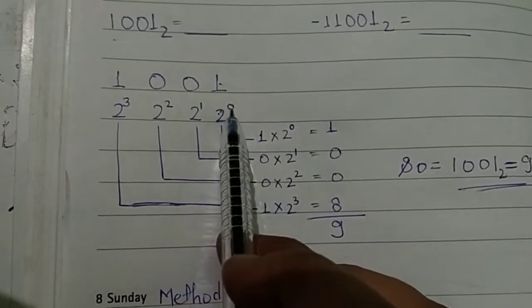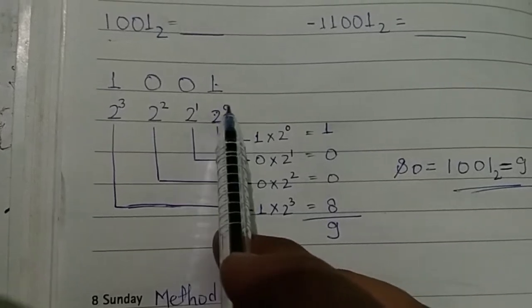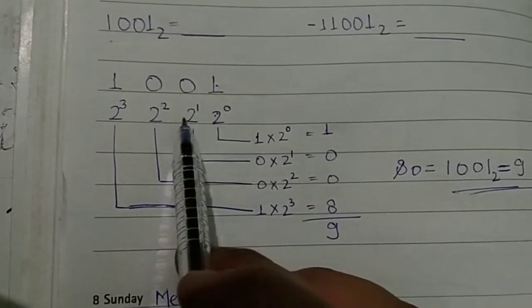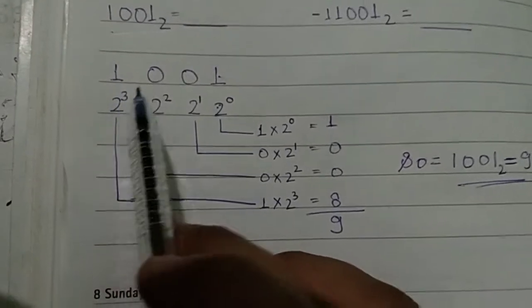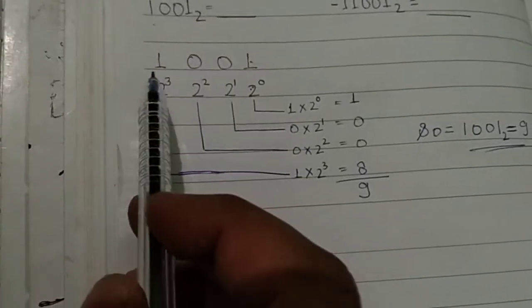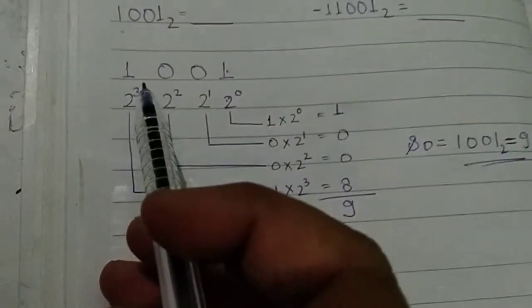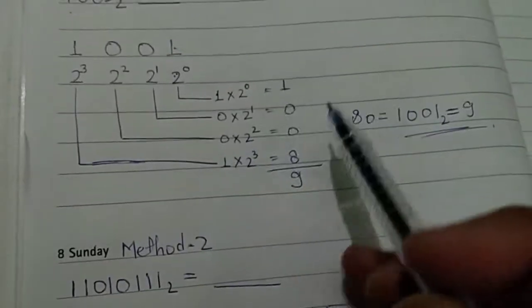I will start the power from 0. Always we have to start the power from 0. So it will become 2 to the power 0, 2 to the power 1, 2 to the power 2, 2 to the power 3, and so on. If there are any more digits, then you will write more values in the same way repeatedly.